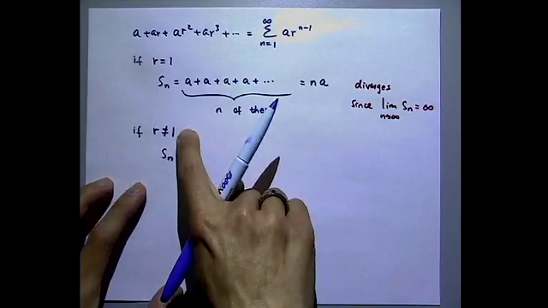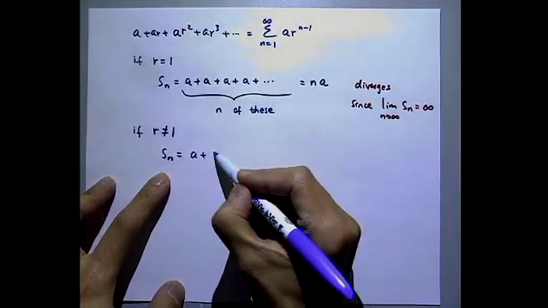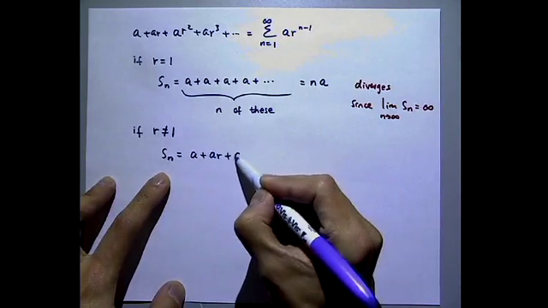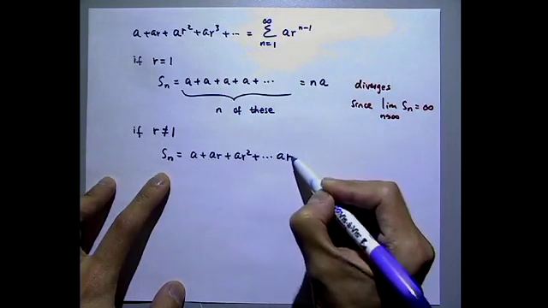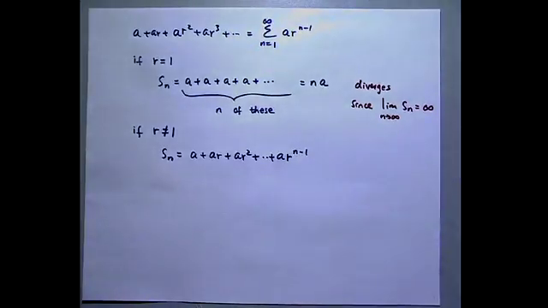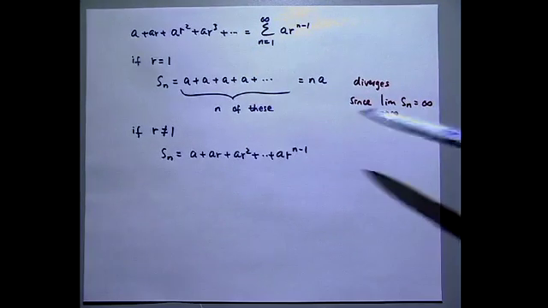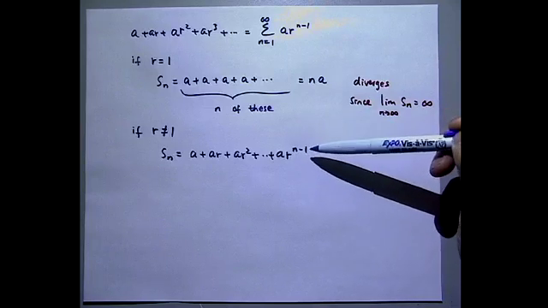If R is not equal to 1, then the nth partial sum is that. Do you see why the last term here has an exponent of n minus 1?